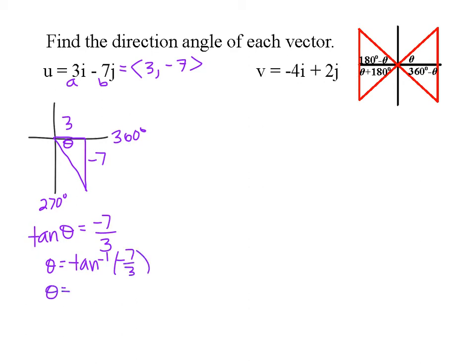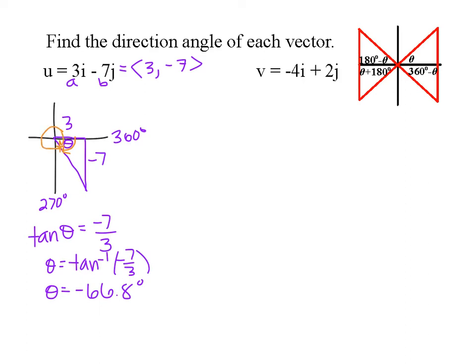So second inverse tangent of -7 divided by 3 is -66.8 degrees. Now, -66.8 degrees is actually going to be the angle going this direction, but we want to come back around the positive way here.